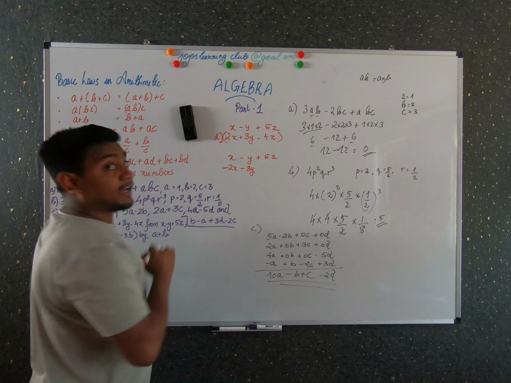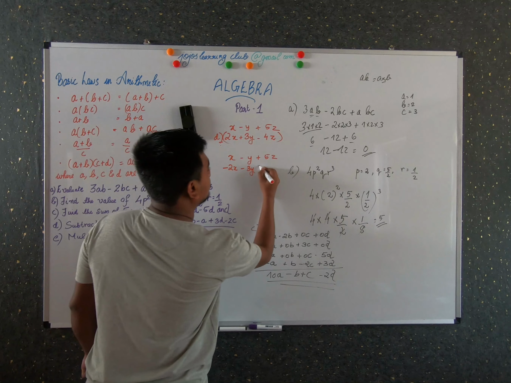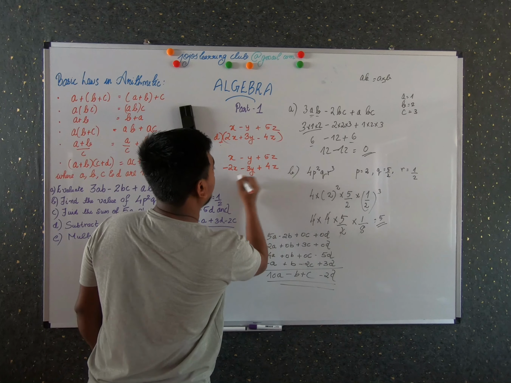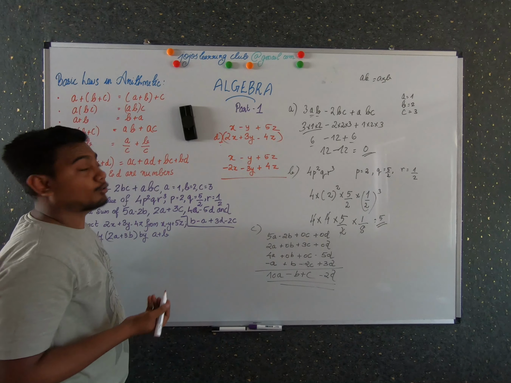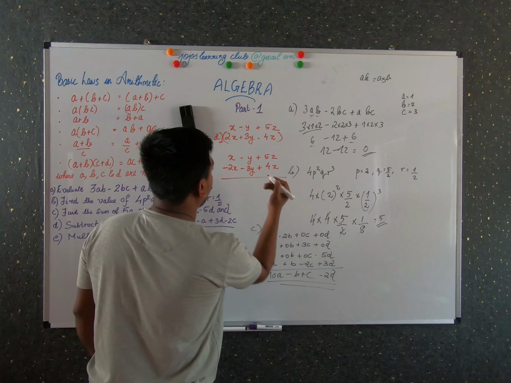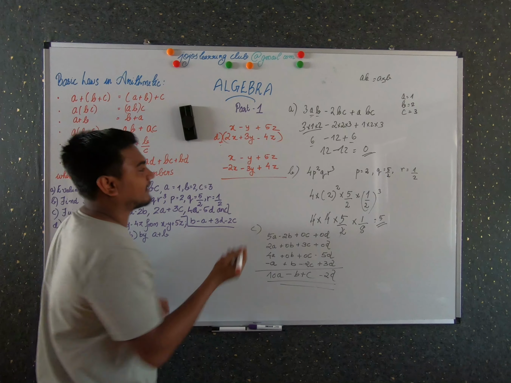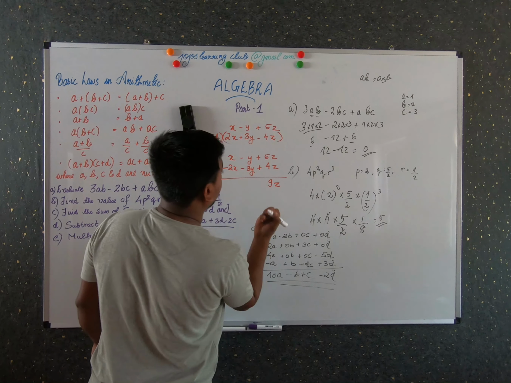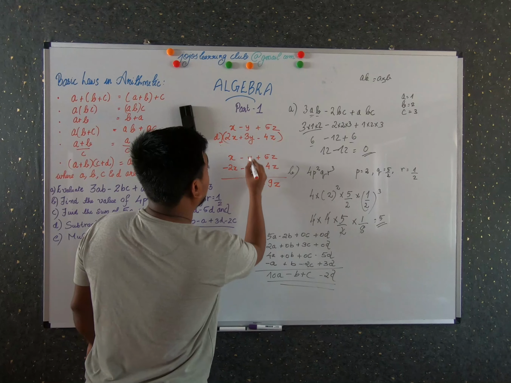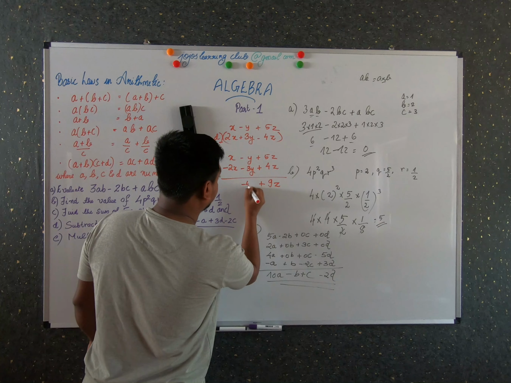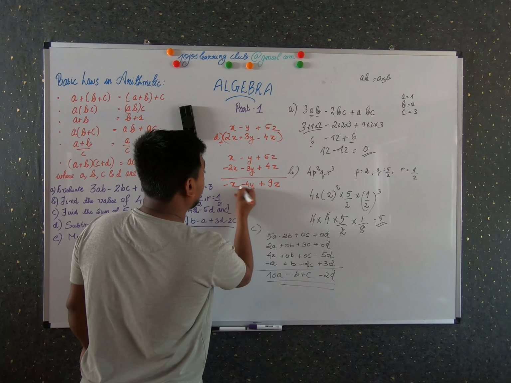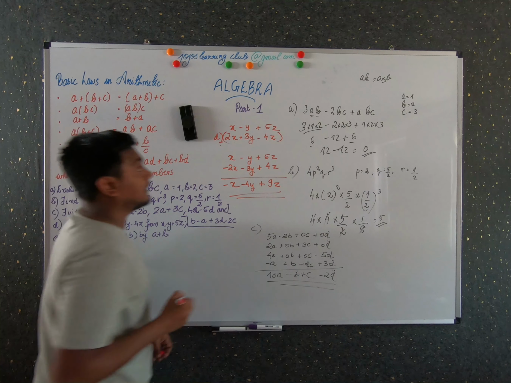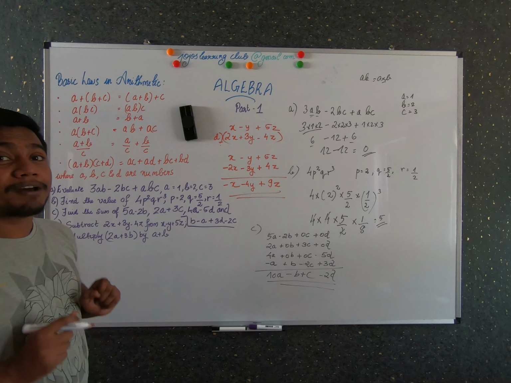Again, minus into minus is plus. So plus 4z. And now you can just add both these numbers, same as which you have learned in your earlier classes. So it is nothing but 9z plus minus 4y and minus x. So this is the value for your problem number D.